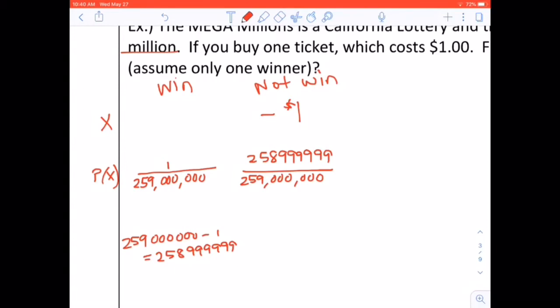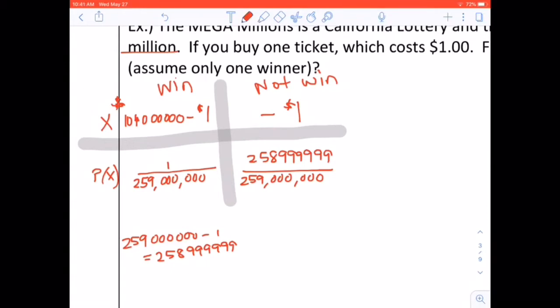Well, you won the $104 million prize for this example. However, I know it doesn't seem like a big deal, but you also lost that $1 that you had to pay to play the game. So we have our table set up here.